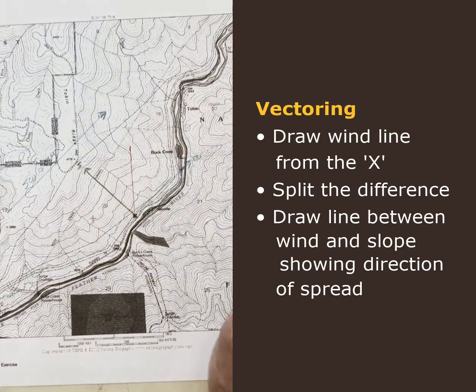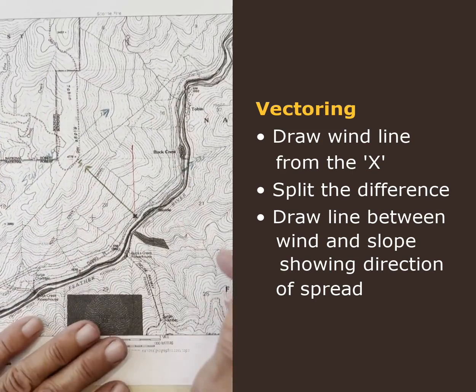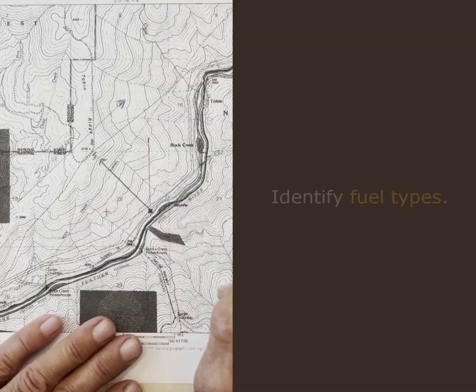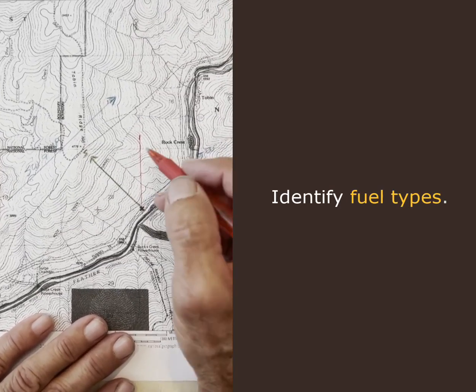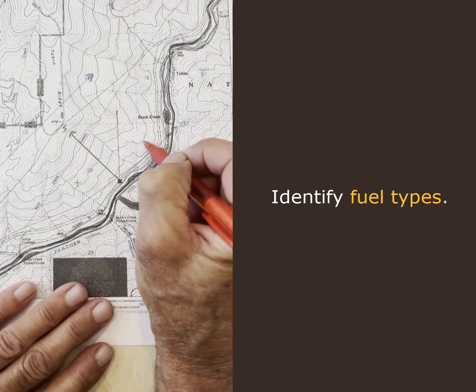But we have one little thing that I didn't give you initially: we actually are dealing with two different fuel types. And the transition changes at 3,200 feet. So looking at our map, we have 3,600, we have 2,800.